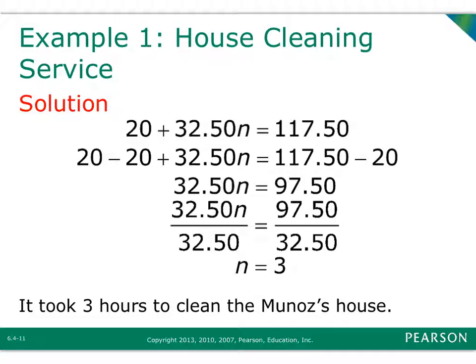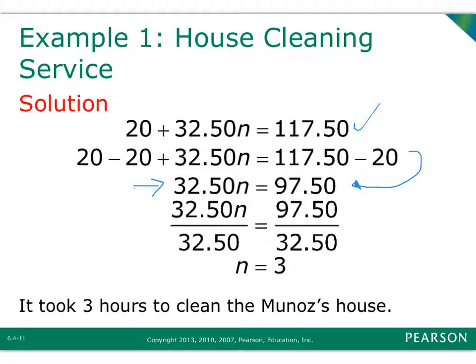As you can see, we have our initial equation. Now we subtract 20 from both sides of the equation because we're going to isolate n on one side. When we do that, we get 32.50 times n is equal to $97.50.